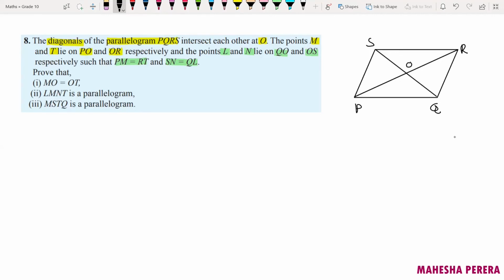Then we need to mark these points, M and T. M on PO. Let's mark M here. Then T on OR. And look here, PM should be equal to RT. Now that means we need to take similar distances.